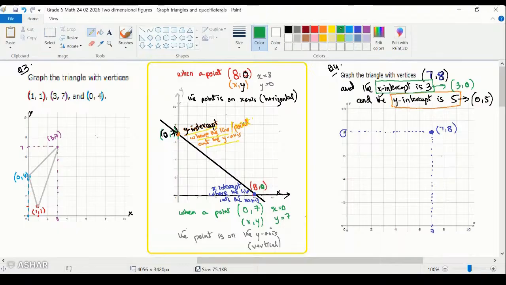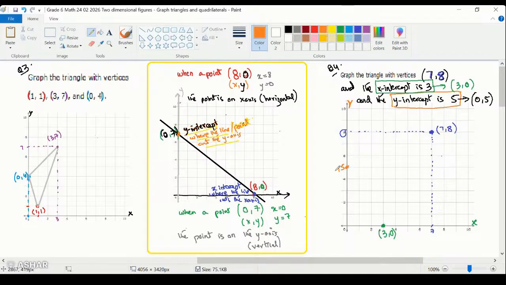The x-intercept means where the line is intersecting the x-axis. This is the x-axis. That means at 3, so the coordinate for this point should be 3, 0. And for the y-intercept, since the vertical axis is the y-axis, it was intersecting the y-axis at 5.